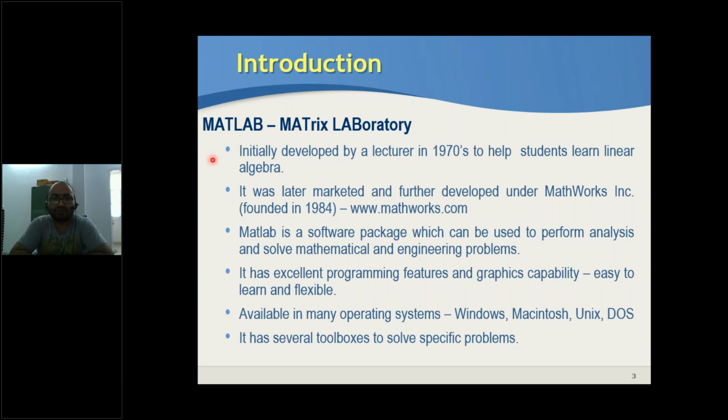There is another software which is free to all, that is Scilab, but it is not very popular because there are certain properties which are not available in Scilab, and also Scilab is free to all, and there is no backend support for that. So that is why it is not very popular.